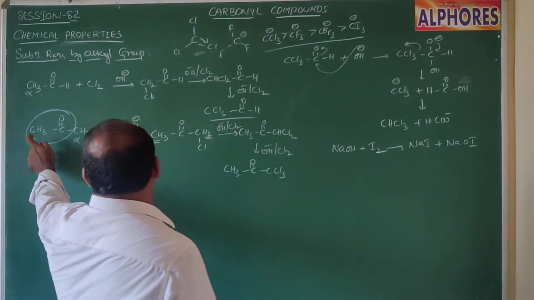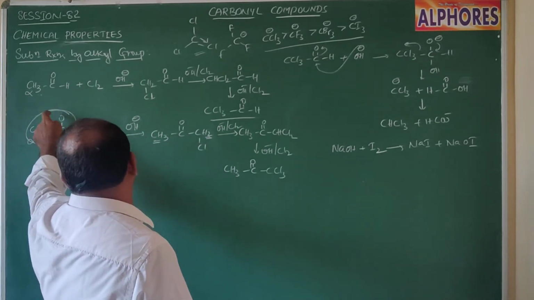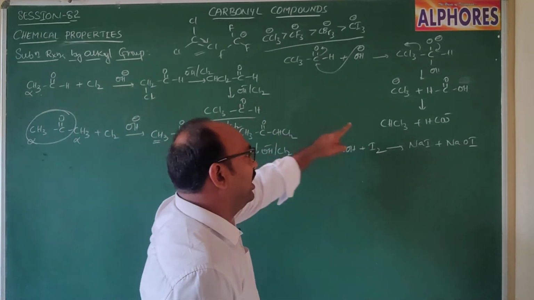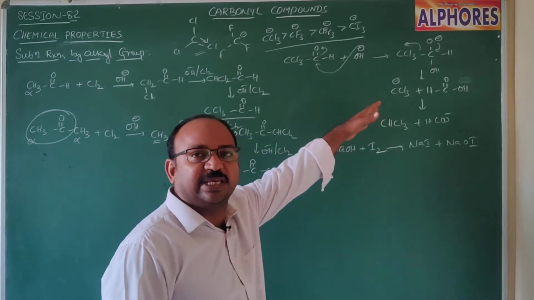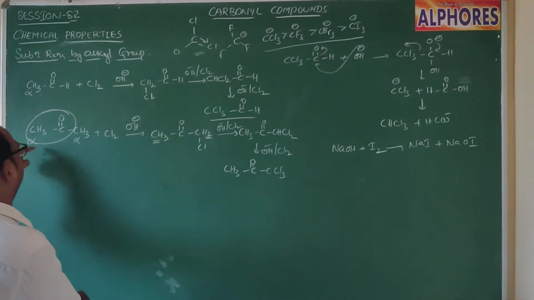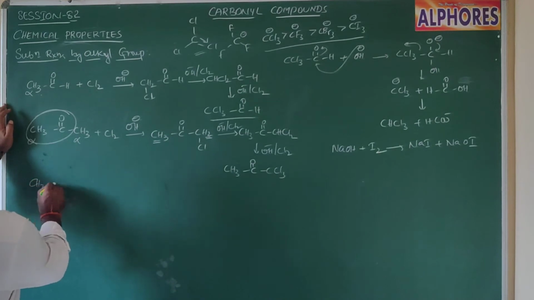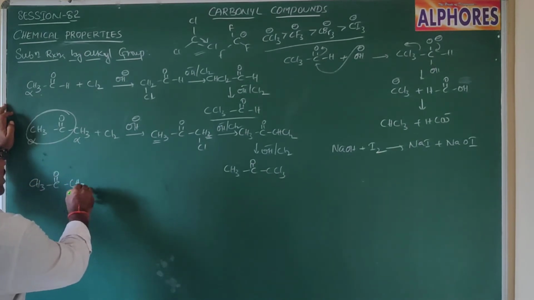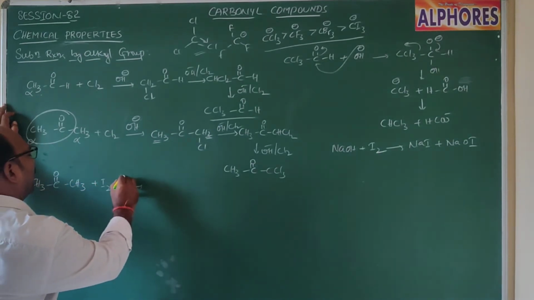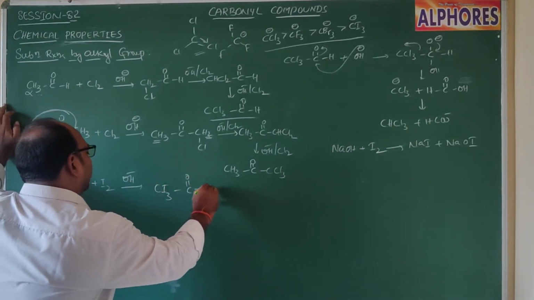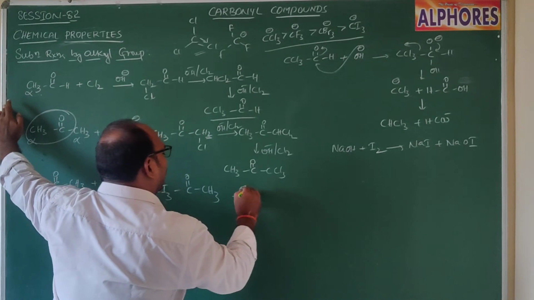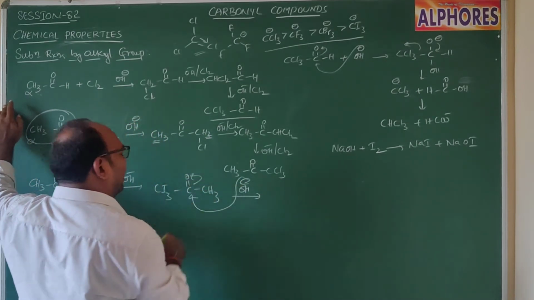If you consider CH3 C double bond OH or CH3 C double bond OCH3, ultimately we are getting CHCl3. Here when we are using iodine, CHI3. Let us write the reaction with iodine, CH3 C double bond OCH3 upon reaction with I2 and OH minus. Here we are getting CI3 C double bond OCH3, and later OH minus attacks upon this carbonyl carbon.